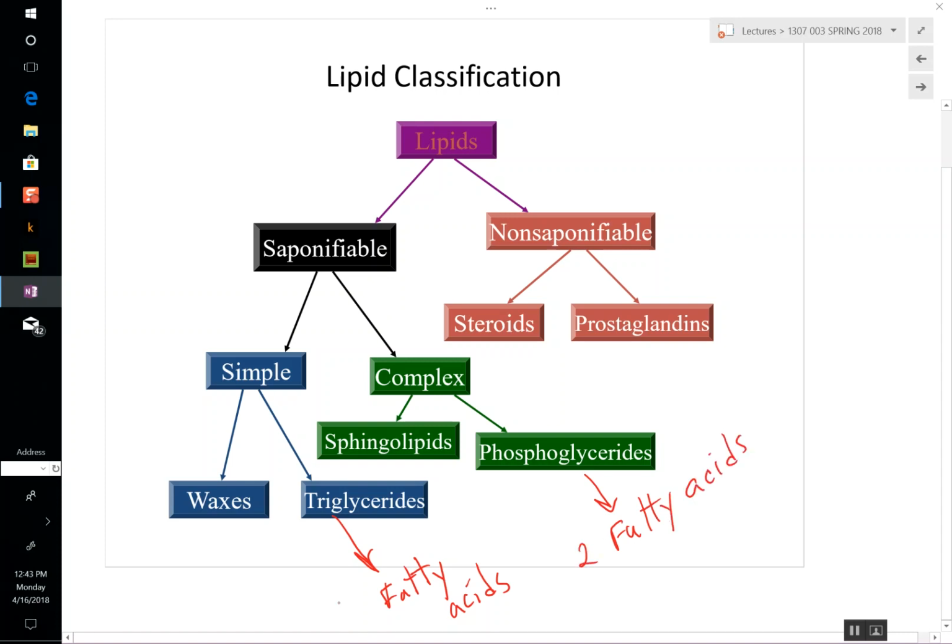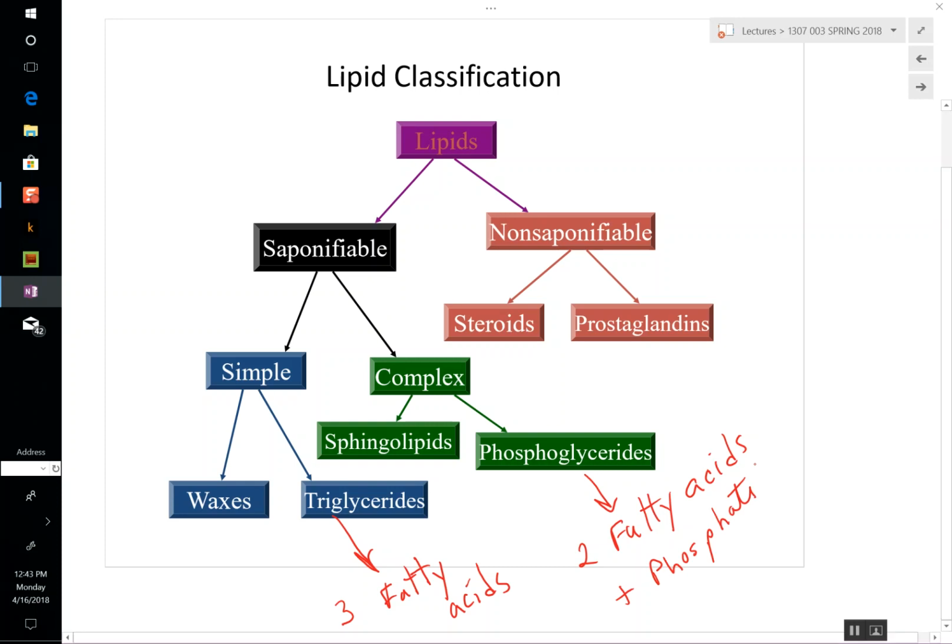There's 2 fatty acids on here. There are 3 fatty acids on the triglycerides, hence plus a phosphate. That's phosphoglycerides. And then I'm going to point out the steroids and the sphingolipids.